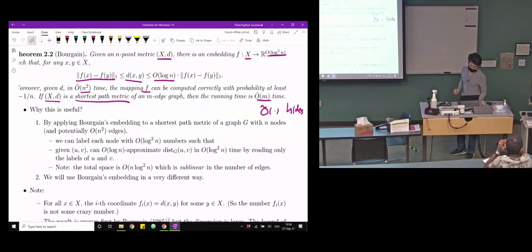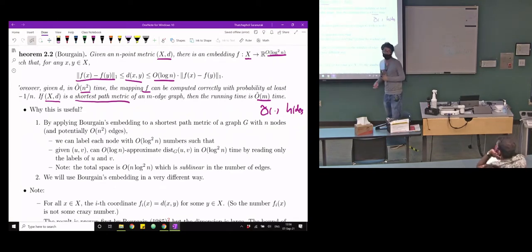Because suppose that you are given any graph G with n nodes, and it can potentially have many edges, n square edges. Then this mapping says that you can label each node with log n square numbers.